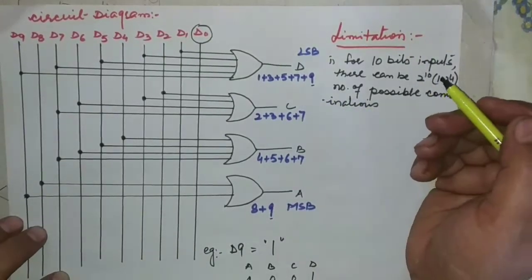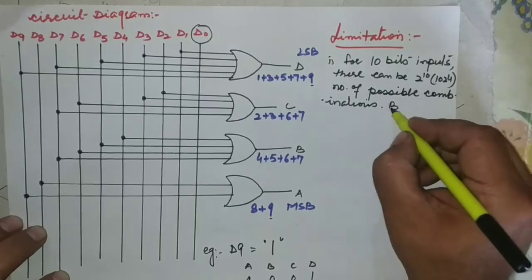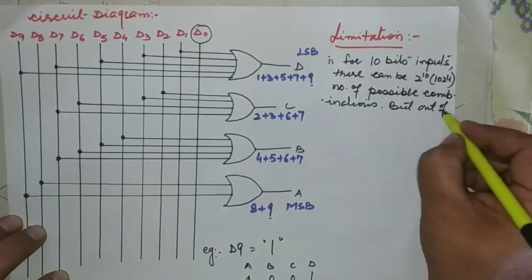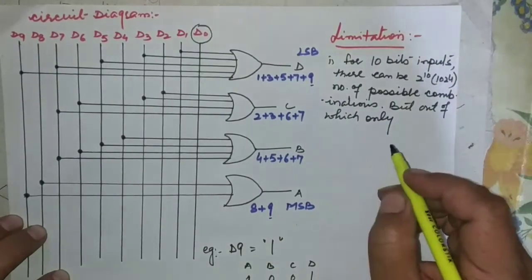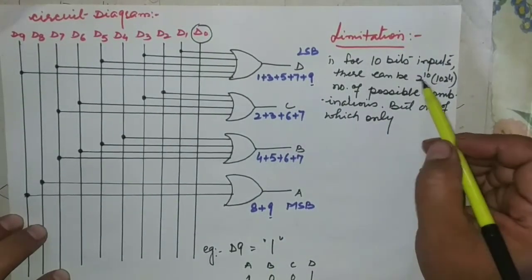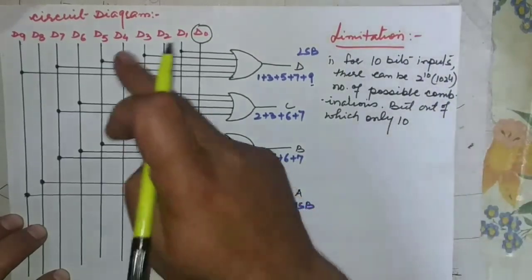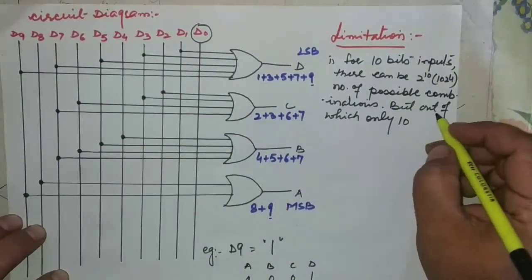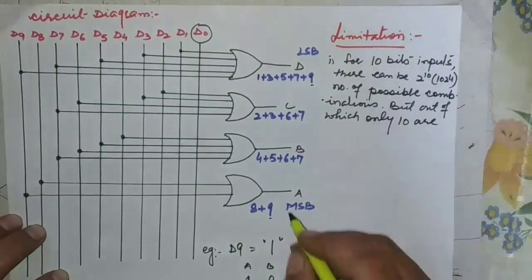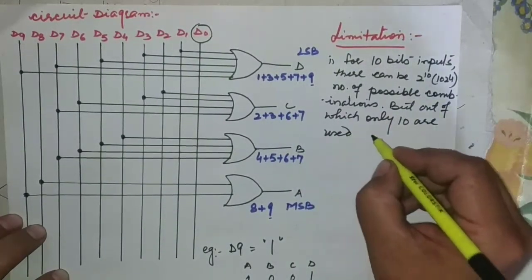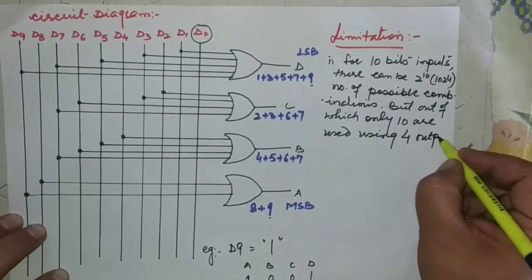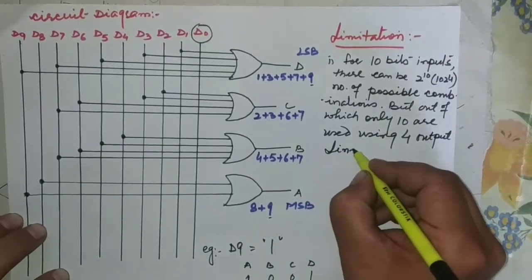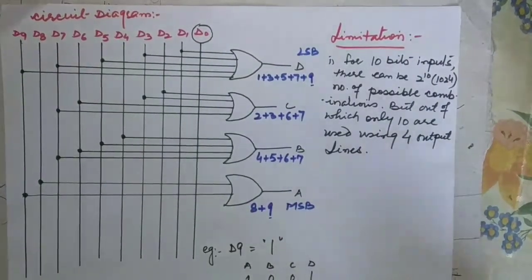But out of which only 10 are used, because 0 to 9, only 10 are used for output lines. So not all the combinations are fully exhausted.